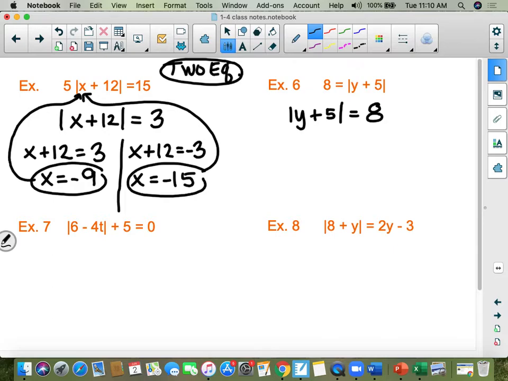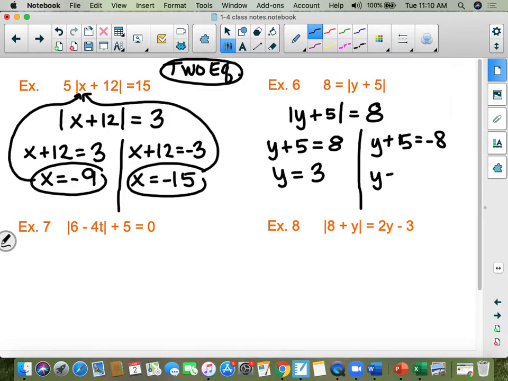My absolute value is already alone, so I can rewrite them. y plus 5 equals 8 is one equation, and the other one is y plus 5 equals a negative 8. So y is equal to 3 for one answer, and y is equal to a negative 13 for the other answer. I can plug 3 back in and it works, and I can plug in a negative 13 and it also works if you don't believe me.